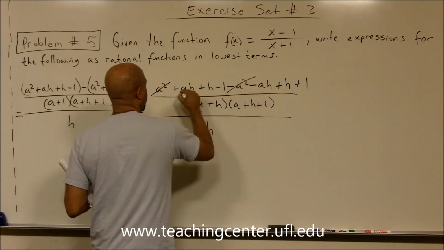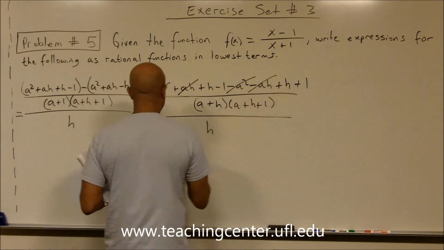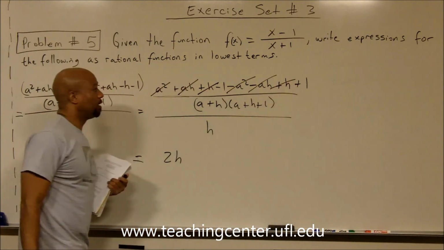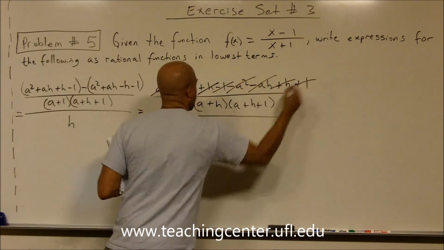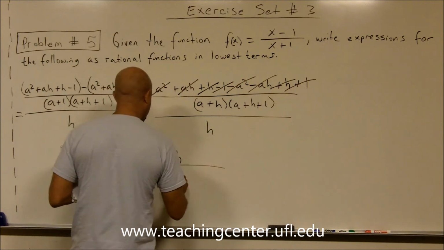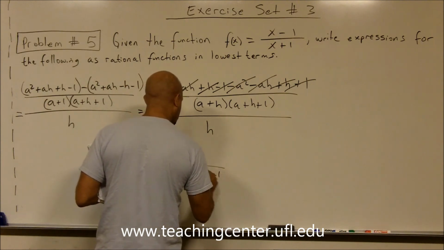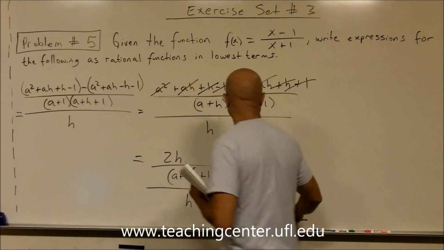Positive ah, negative ah, those cancel. And h, positive h, so we're left with a 2h. Positive 1, negative 1, so these cancel. And then that's going to be over a plus 1, a plus h plus 1, all over h.